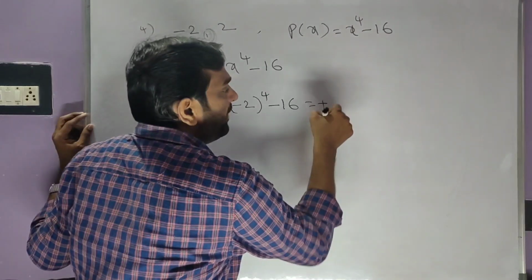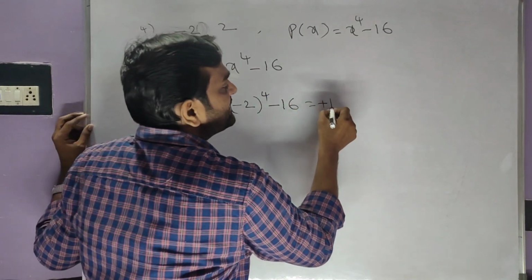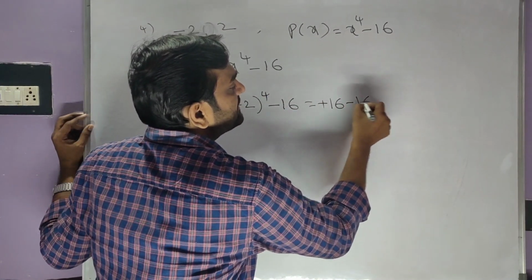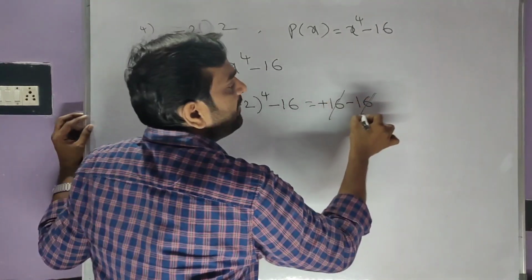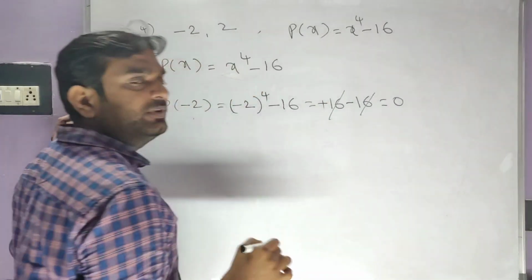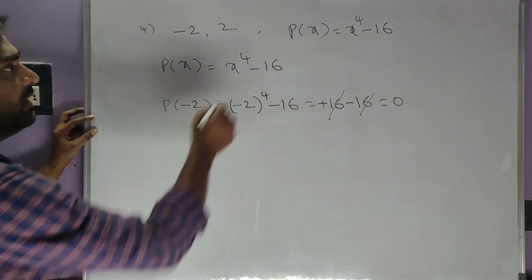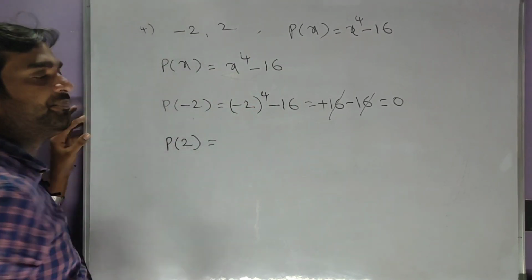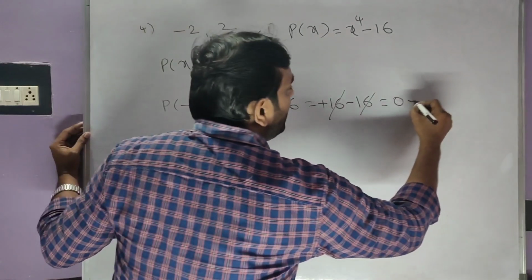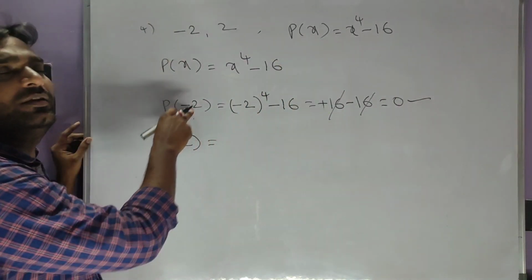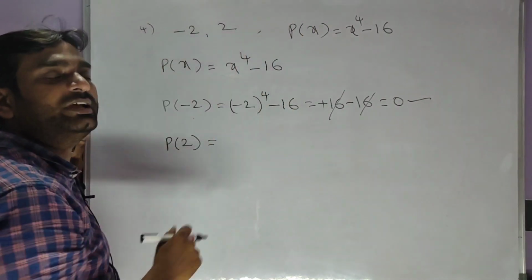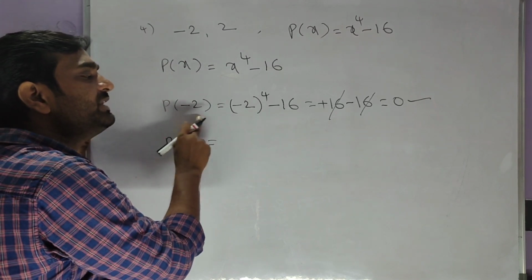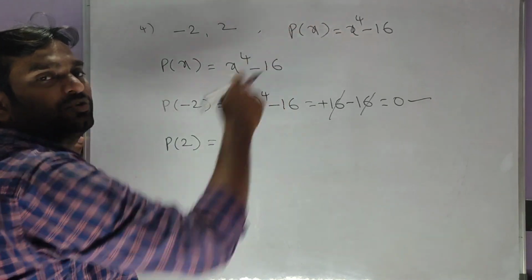You will get plus. 2 power 4 is 16, minus 16. Plus 16 minus 16 cancel. You will get 0. You got 0, so minus 2 is a zero of the given polynomial x power 4 minus 16.